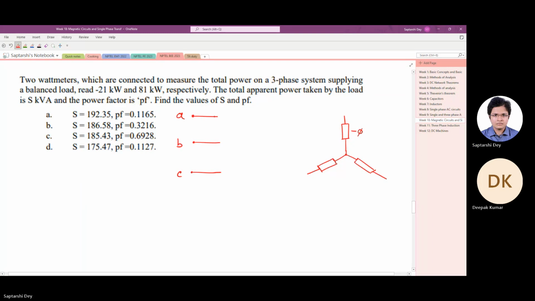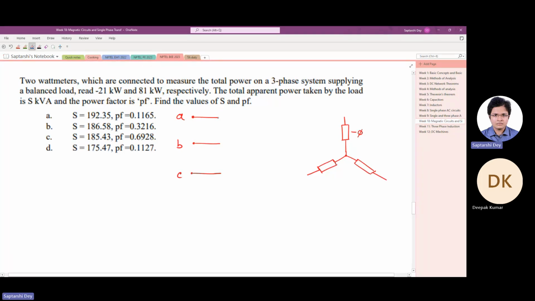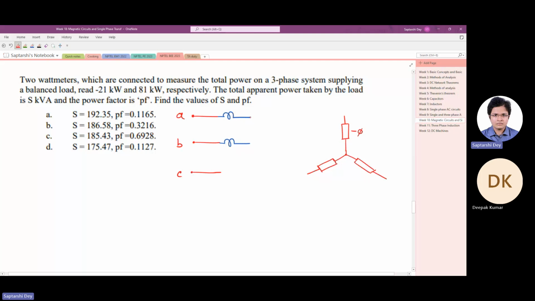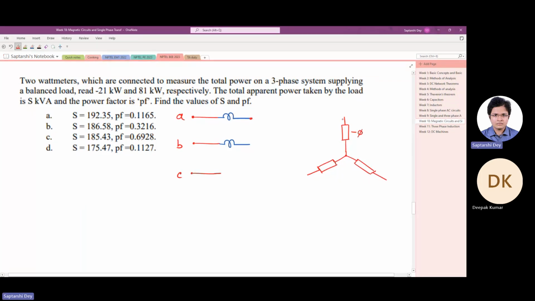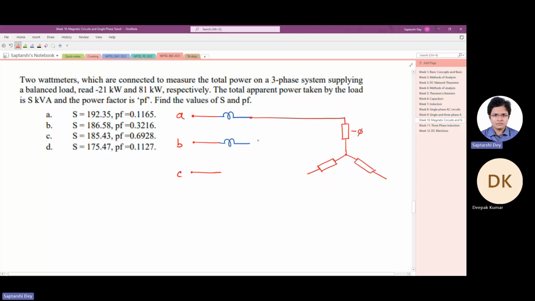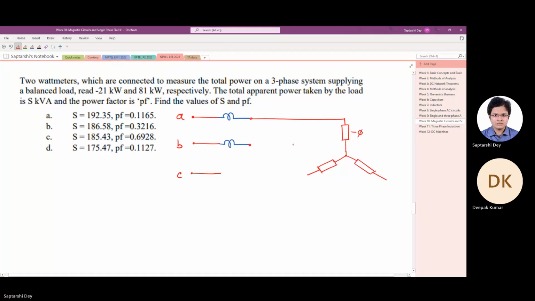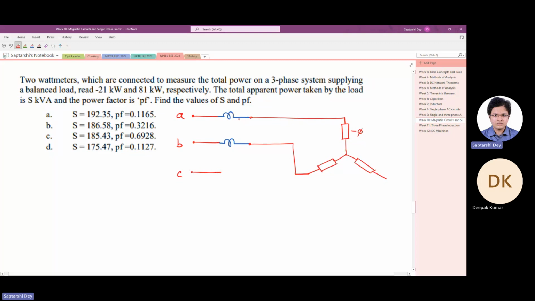Now we will connect the wattmeters to measure the power. 2 wattmeters are there. So these two are the current coils of 2 wattmeters. So one current coil goes to phase A. Other current coil comes in parallel to phase B. You can always do the change. It doesn't matter. You have to just maintain the phase sequence. And C has no current coil in it.